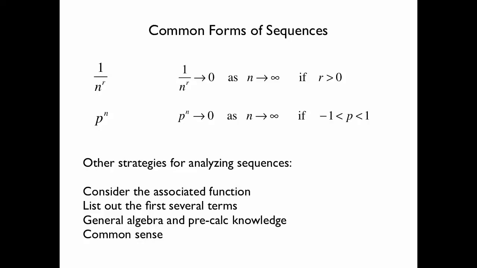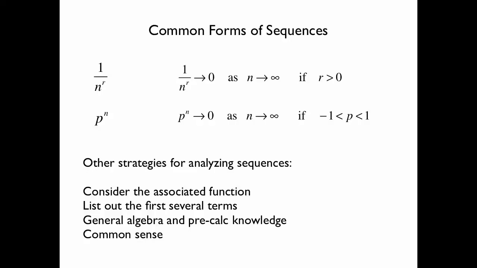All right, so these are two common forms to be on the lookout for. And then here are some other strategies. We talked about considering the associated function, looking at the limit as x goes to infinity of the function associated with the sequence. List out a bunch of terms. If you can't make any progress, list out the first 5 or 6 terms and see if you can reason through what's going to happen.